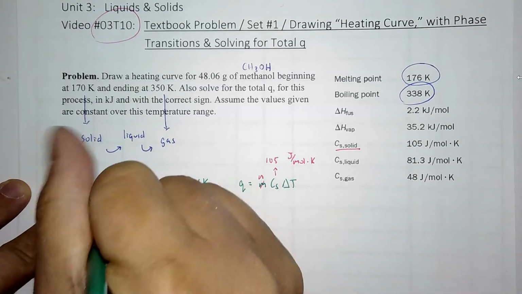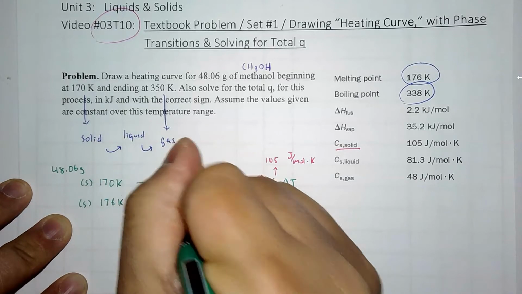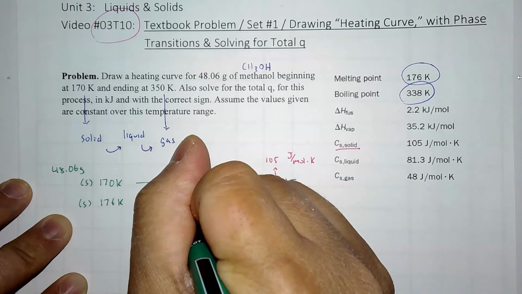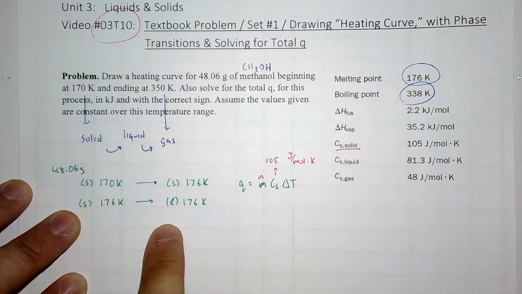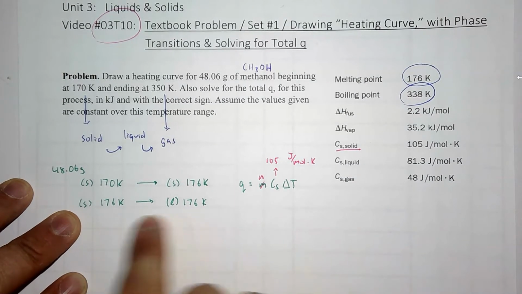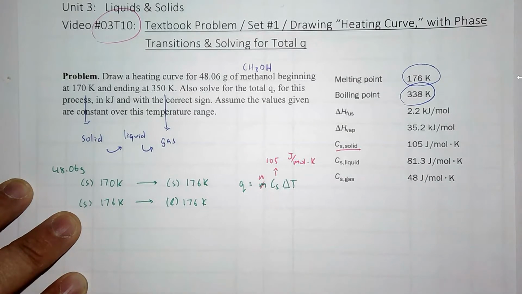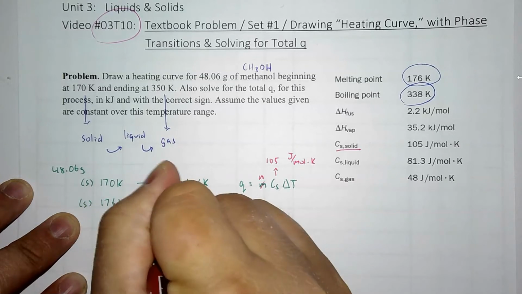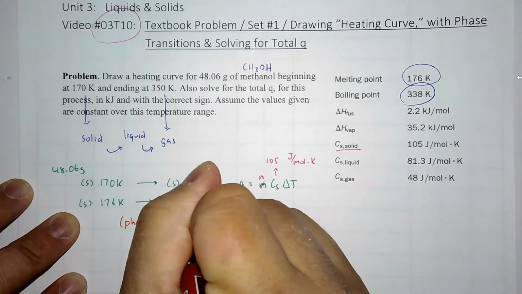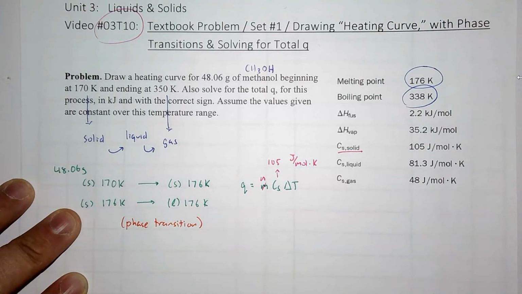But then we have to melt it, literally melt it. This is called the phase transition. We're converting solid into liquid by adding heat, but the temperature does not change. So when we actually draw the heating curve, it's going to plateau. No change in temperature, but we do have to add heat to change the state.